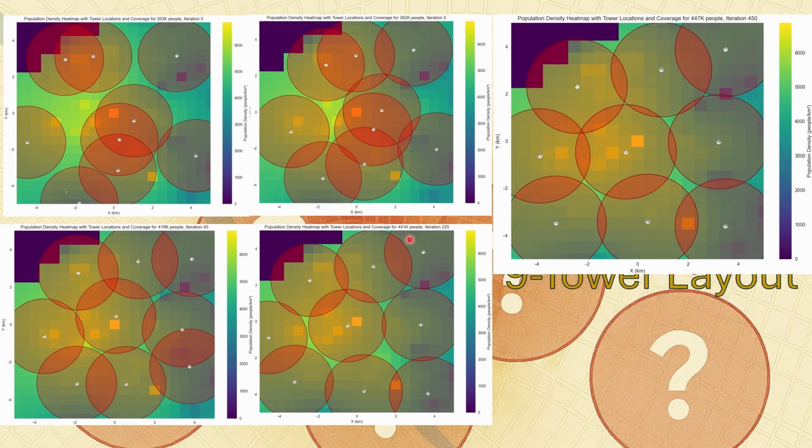And finally, when the algorithm stopped at iteration 450, we had covered 447,000 folks. And again, you can see the diamonds throughout here, which I think is a fascinating artifact of the algorithm migrating towards a hexagonal close-packed type of solution.